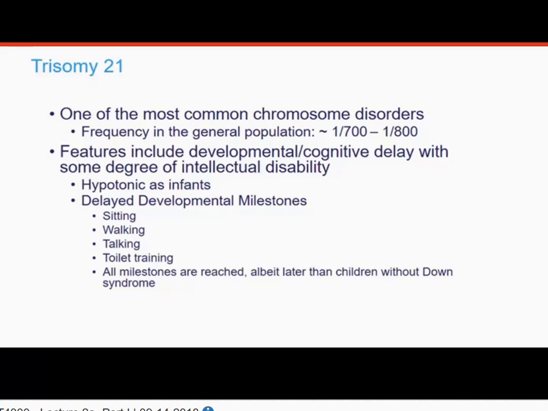Some of the features are hypotonia as an infant, so low muscle tone, and delayed developmental milestones. For those of you who have children, when did your child first sit up? When did they start walking? When did they start talking? These are all delayed somewhat in Down syndrome, but certainly all milestones will be met.